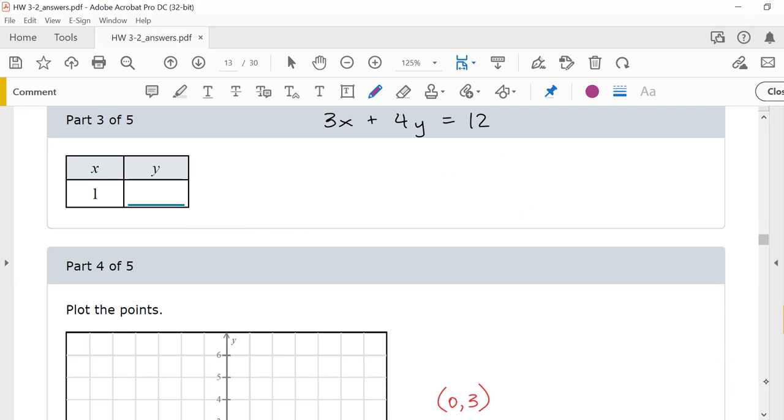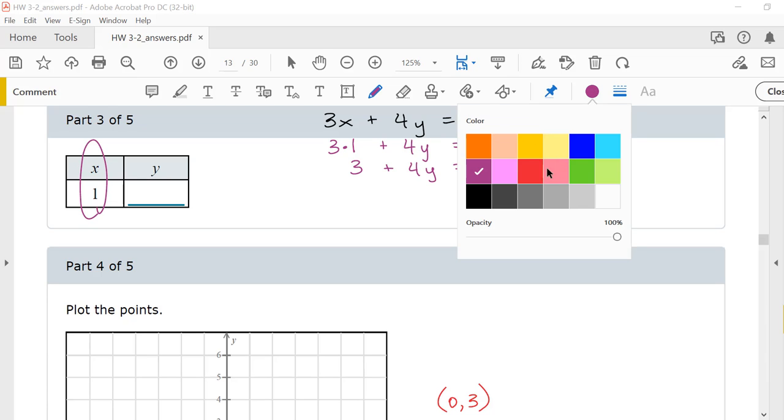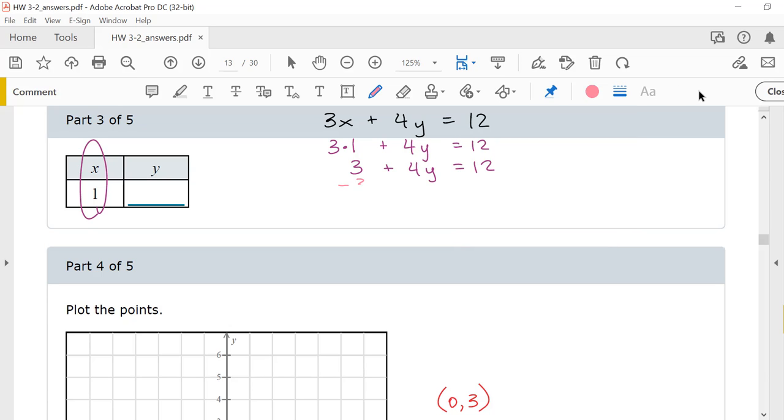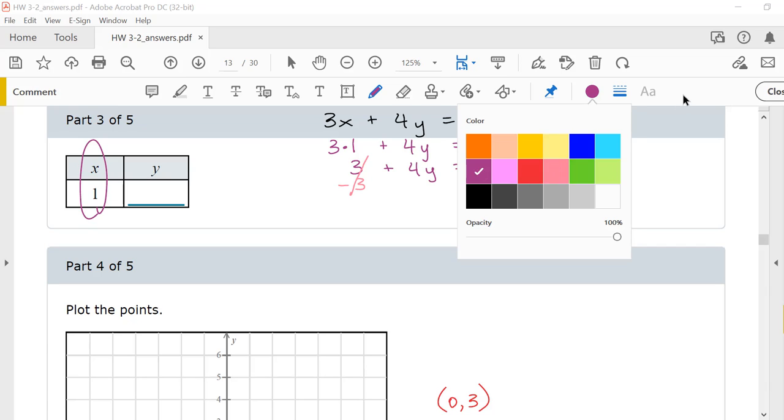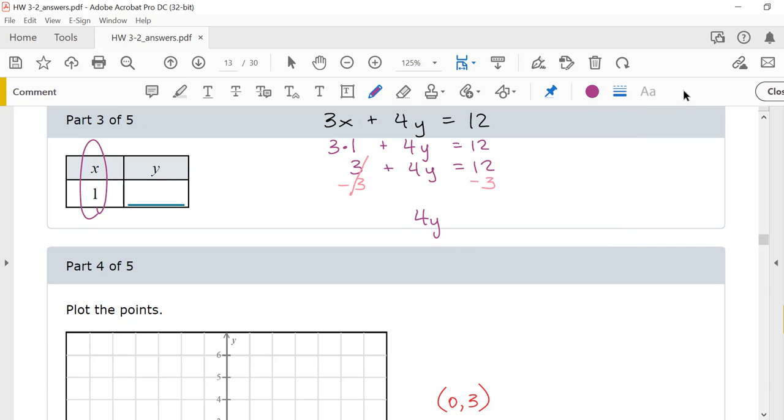For my third point, 3x plus 4y equals 12, I'm going to plug in 1 for x. 3 times 1 plus 4y equals 12. 3 plus 4y equals 12. To get y by itself, first thing I need to do is subtract 3 from both sides. I have 4y equals 12 minus 3, which is 9.